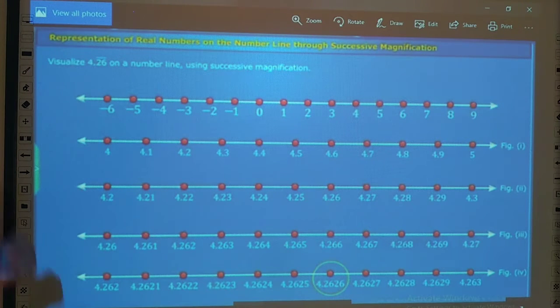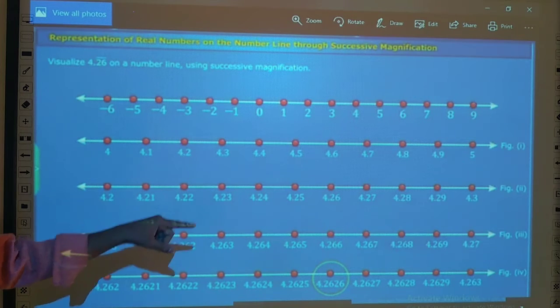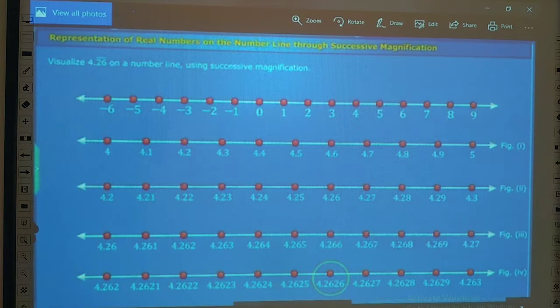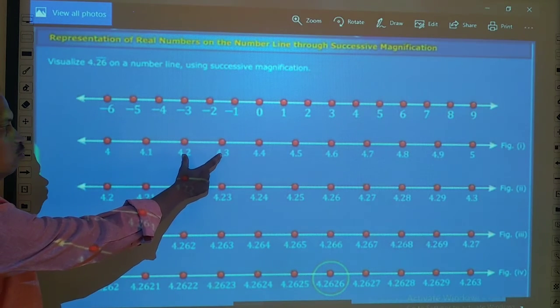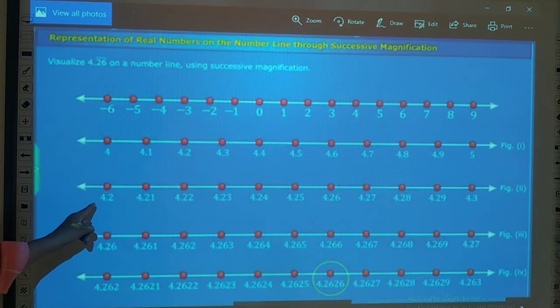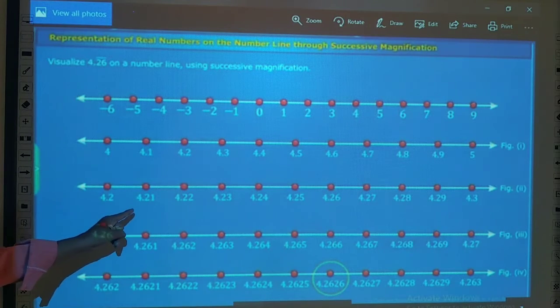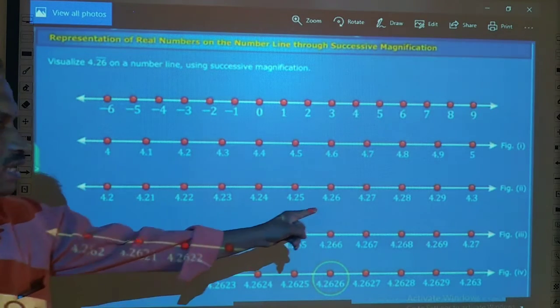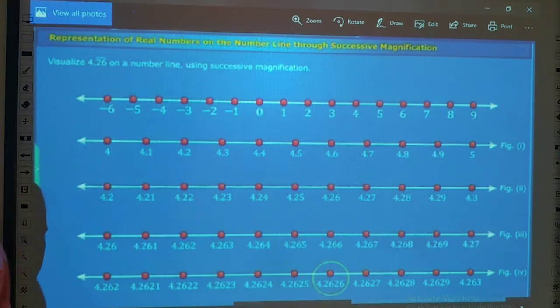So to get that we have to magnify 4.2 and 4.3. So you see in the figure 2, 4.2, 4.21, 4.22 and etc. 4.29 and last 4.3. So each 10 divisions.